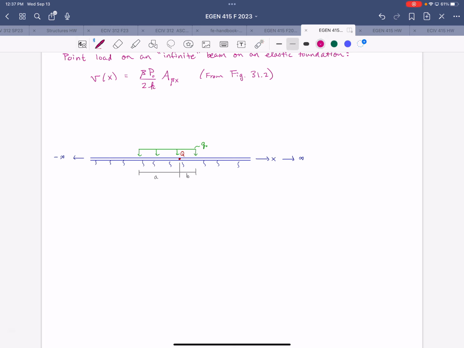So if we apply this to a consideration of a uniformly distributed load, rather than a load that might vary in magnitude with X, it would be the deflection at a point.